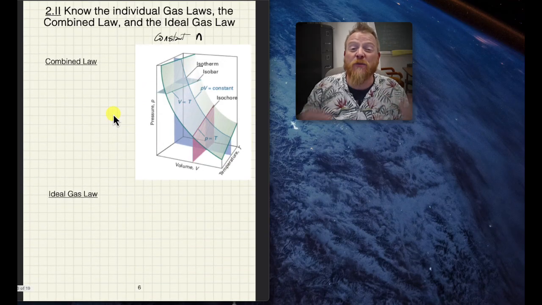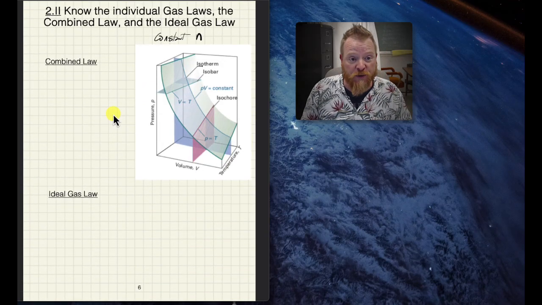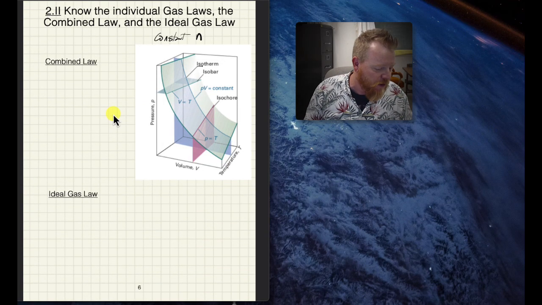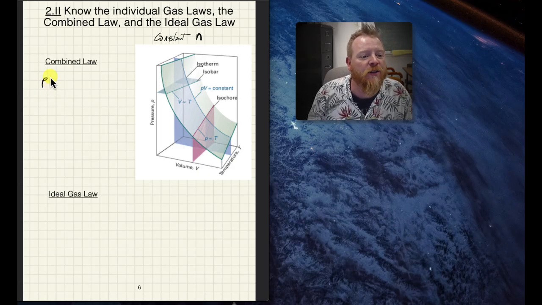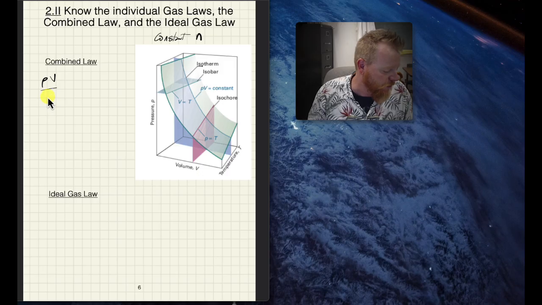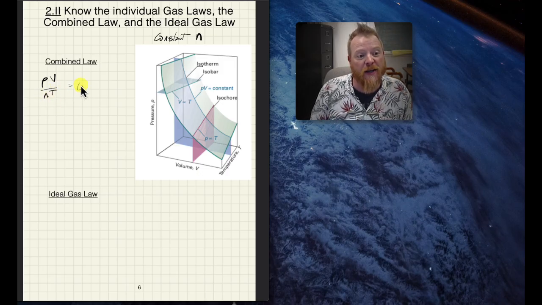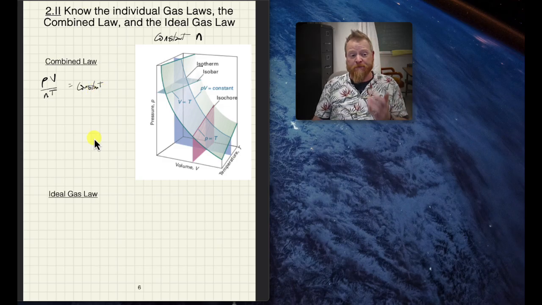Okay. So if we were to combine all of these using all of those proportionalities, we would find the following. We would see that pressure times volume divided by number of moles times temperature must equal some type of constant. Okay.